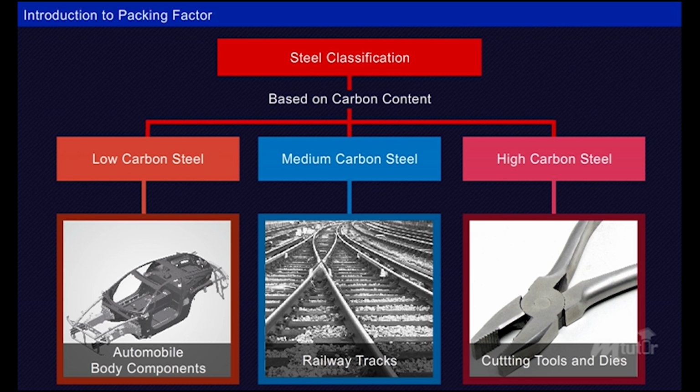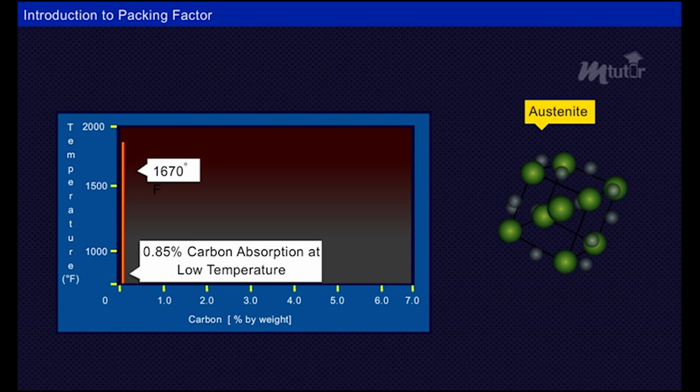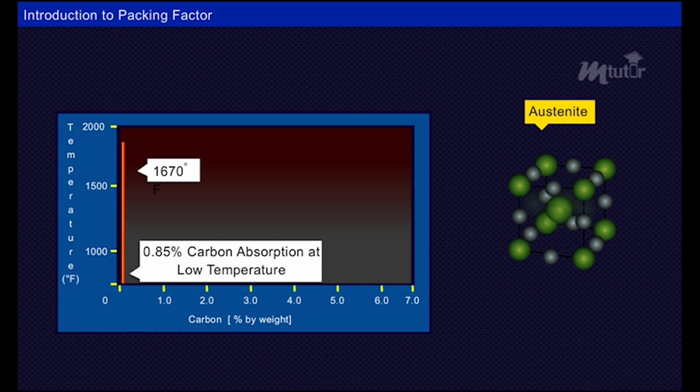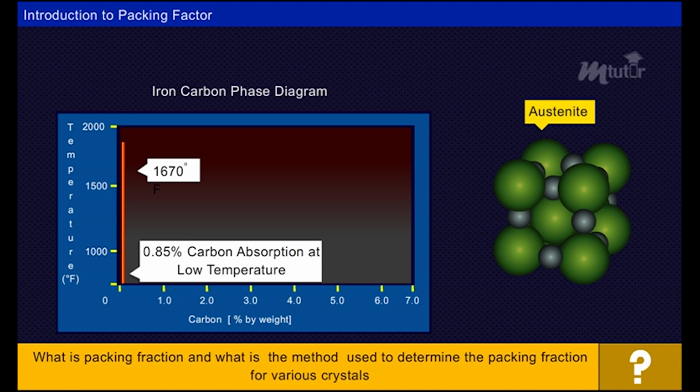Varying the amount of carbon produces several carbon steels. Factors such as atomic radius and packing factor are crucial to us so that we can derive the best alloys. Let us now further explore what packing fraction is and the method of determination of packing fraction for various crystals.